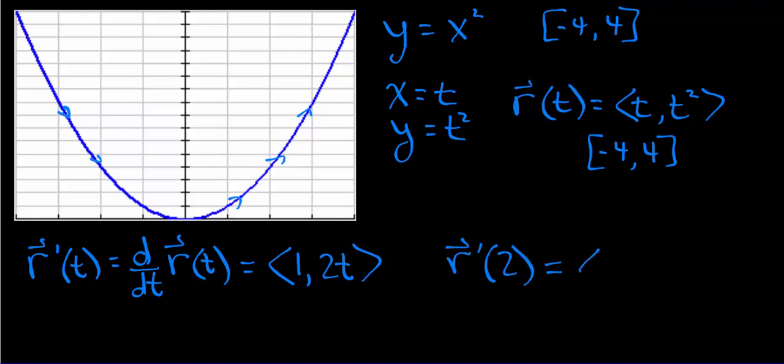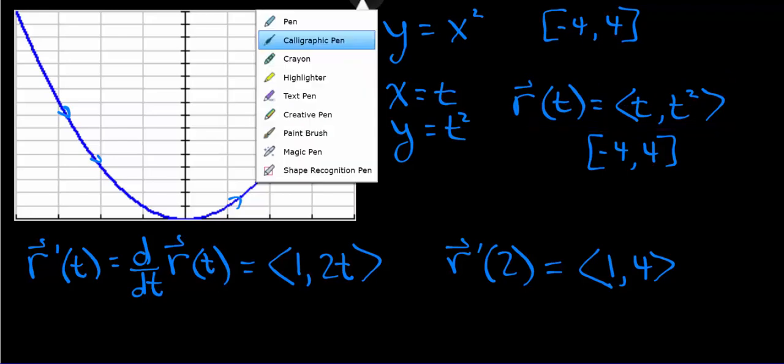The 1 doesn't change, but then 2 times 2 is 4. So I get this vector, 1, 4. Now I want to go back and look at the original function.